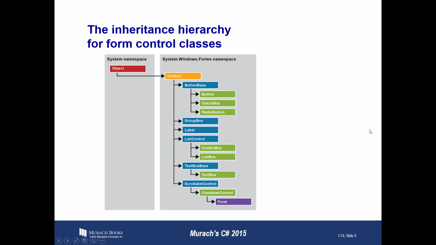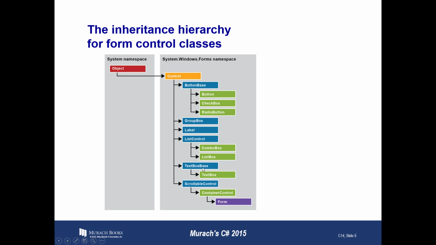So they're showing here the inheritance hierarchy for form classes. And you can see that control is a child of object and it's a parent of button base, group box, label, list control, text base, and scrollable control. You can see that button, checkbox, and radio button are children of button base. You can see that combo box and list box are children of list control.